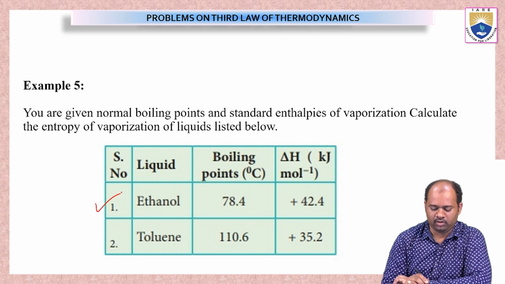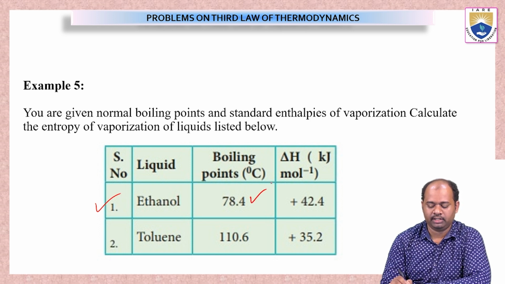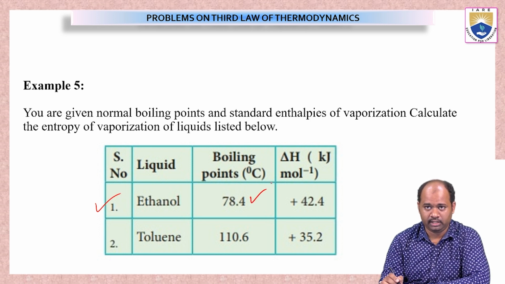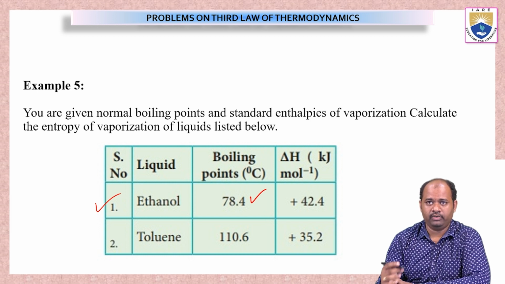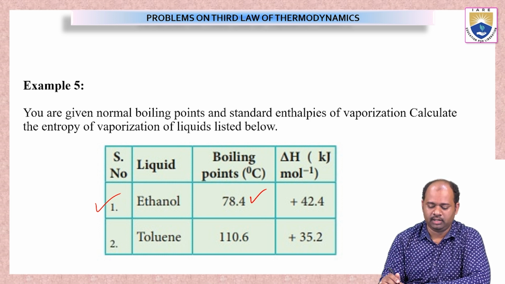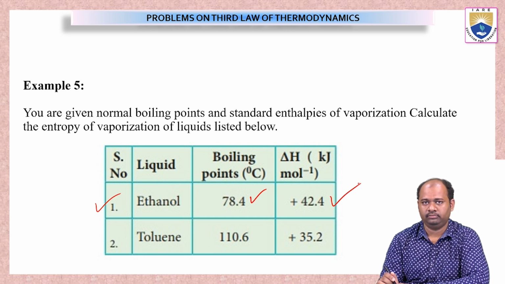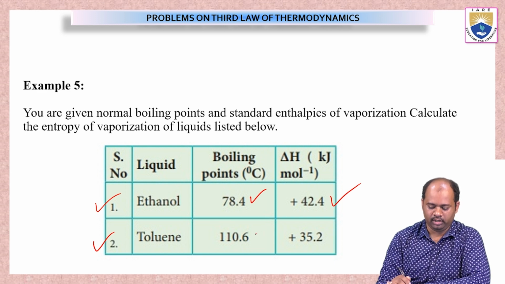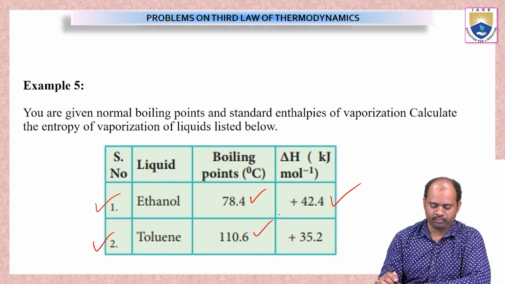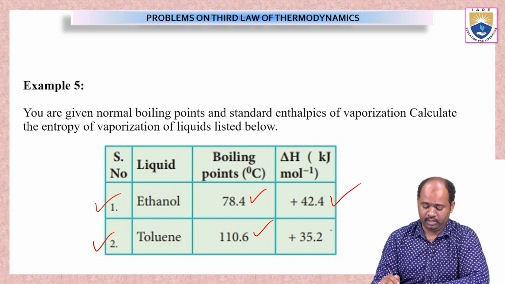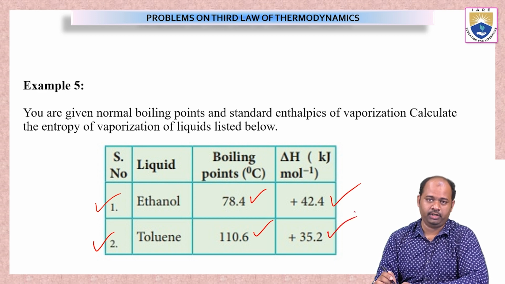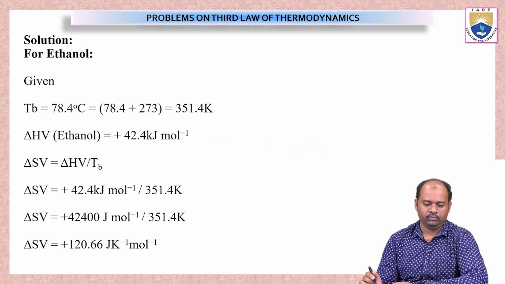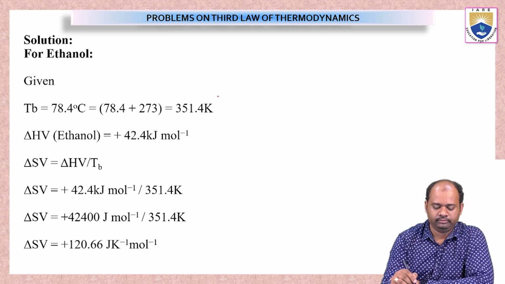First one is ethanol, where its boiling point is 78.4 degrees centigrade, and the amount of heat required for this boiling is 42.4 kilojoules per mole. Similarly, the second liquid is toluene. Boiling point is 110.6 degrees centigrade, and delta H is equal to 35.2. So this is the given data.